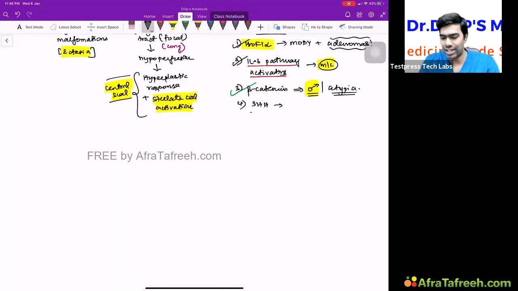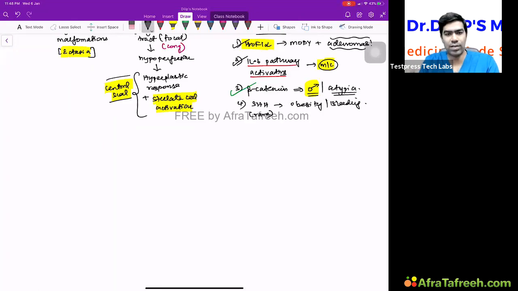And Sonic Hedgehog is the rarest form, SHH mutations, where it will result in obesity and bleeding diathesis, along with hepatic adenomas. So HNF1 alpha means MODY, IL-6 activating mutations usually result in multisystemic inflammatory syndrome along with hepatic adenomas, and beta-catenin pathway mutations will be seen in males.